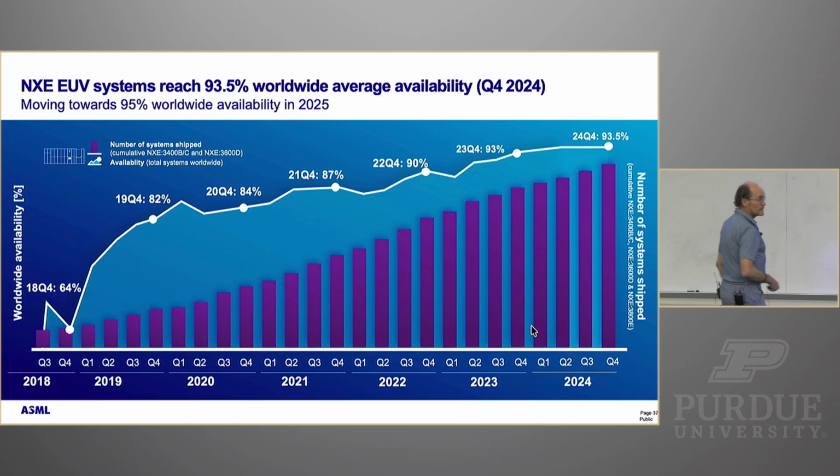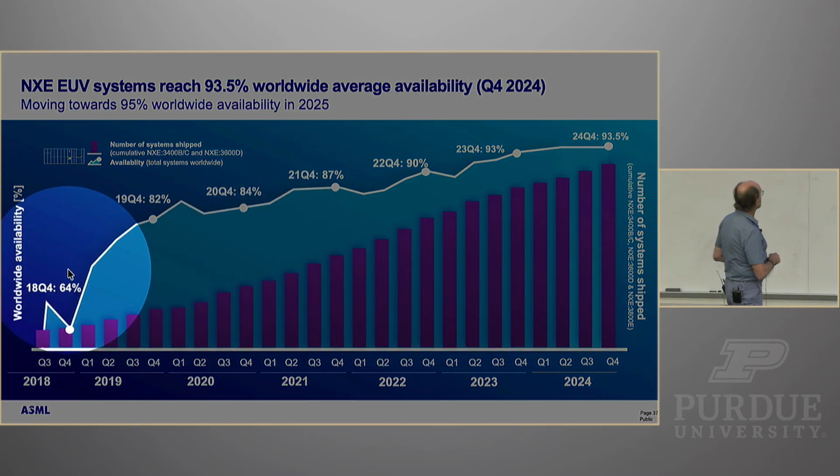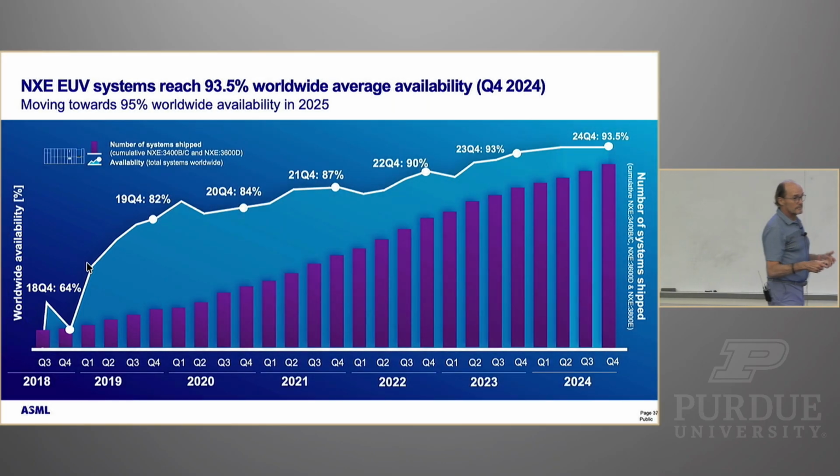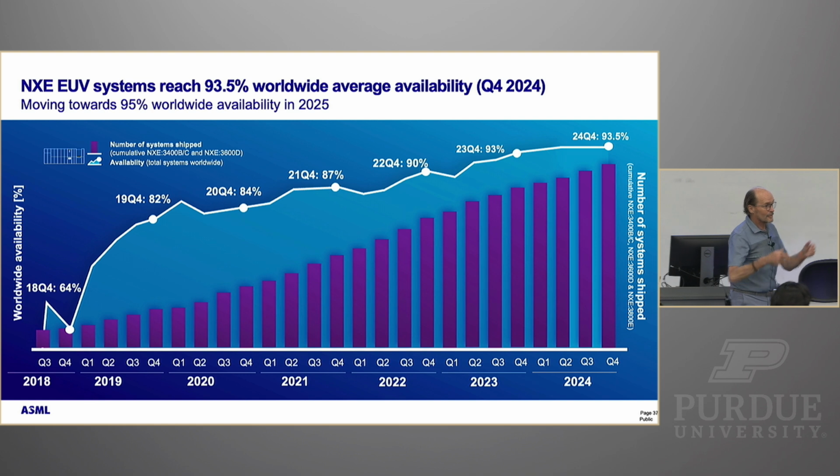Let's look at the productivity. Here you can see what we have been able to accomplish with the availability of a scanner. These are extremely complicated systems. When we first started, you have just bought a $150 million scanner from us, and it works 60% of the time.